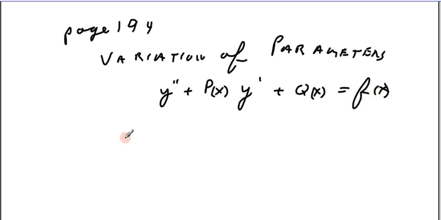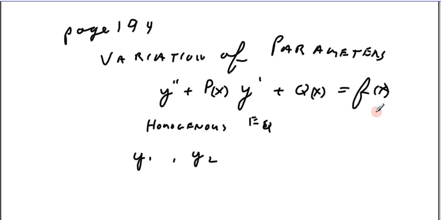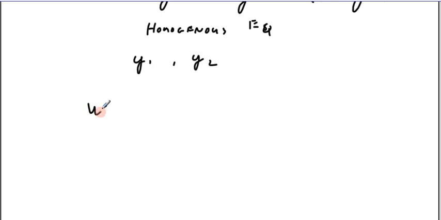And what you're going to end up doing is solving the homogeneous equation. So we've got to solve that first and come up with y1 and y2 in this case. This is only going to work for a second order type guy. And then you're going to find the Wronskian of y1 and y2.